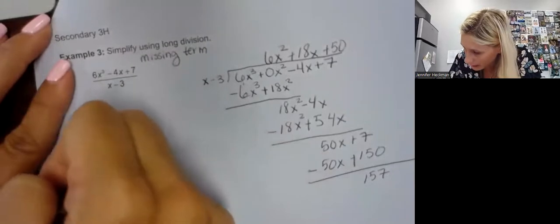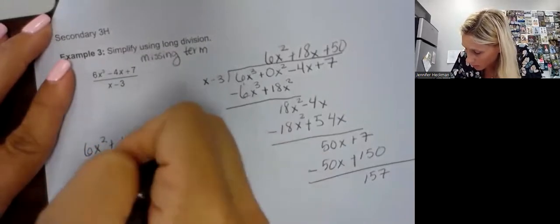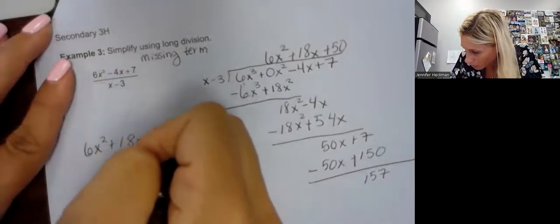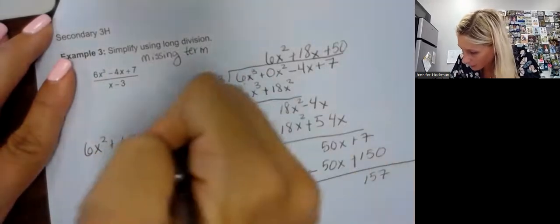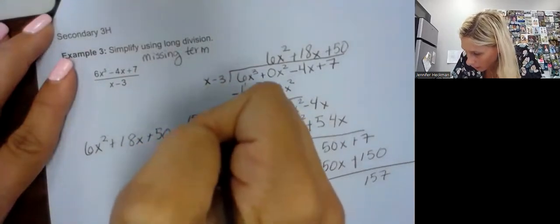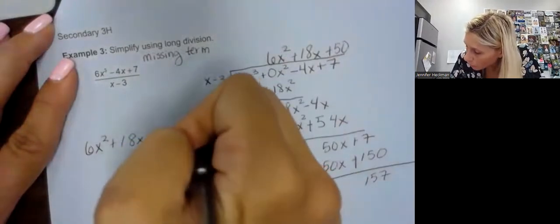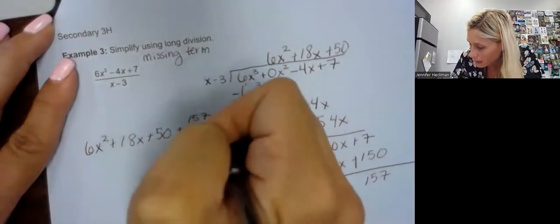So the answer to this is 6x squared plus 18x plus 50. That's the quotient. It's positive, so I'm going to do plus the remainder, 157, over what I divided by, which is x minus 3.